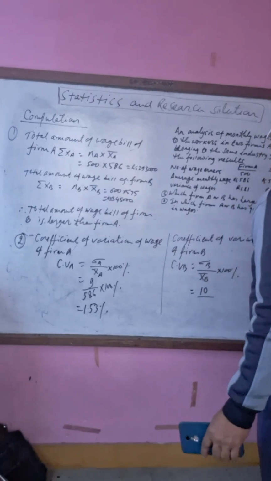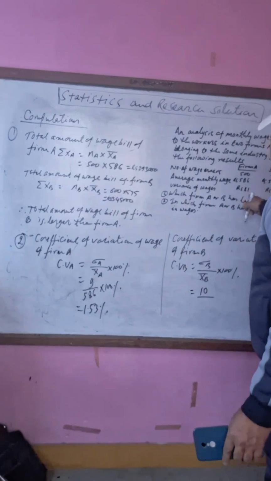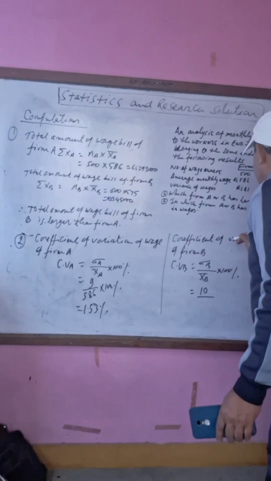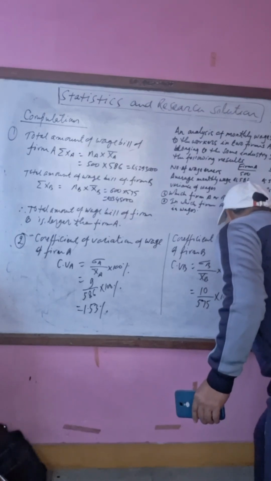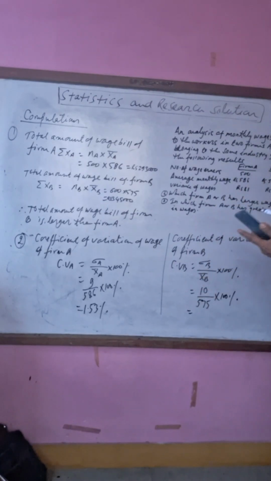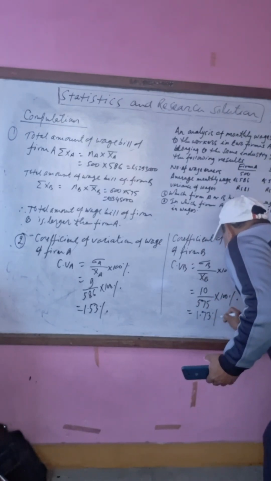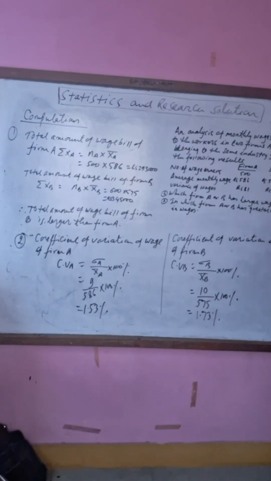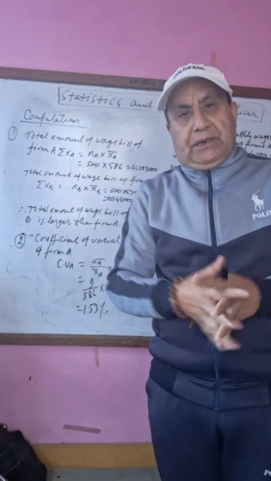So 10 by XB bar, that is 575, into 100%. Now 10 divided by 575 into 100, what do you get? 1.73%.